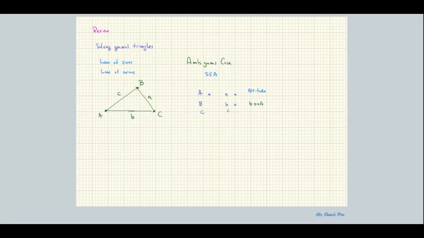And that was the only altitude we could calculate. We know what the other altitude would have to be, but the ambiguous case we have to check. Everything else is pretty straightforward. On the law of sines and law of cosines, it's just the ambiguous case which causes issues. And so that was the one I wanted to treat during the review.